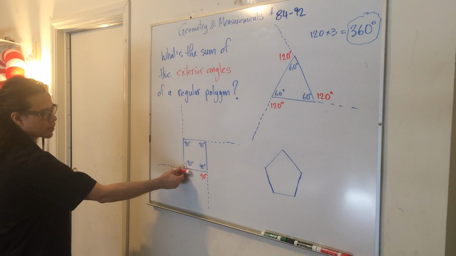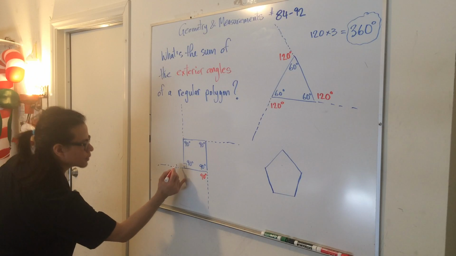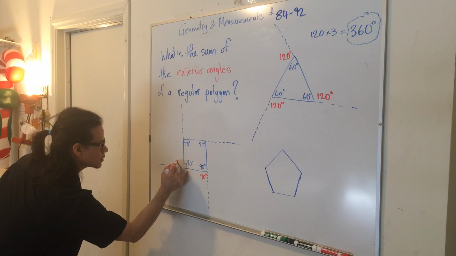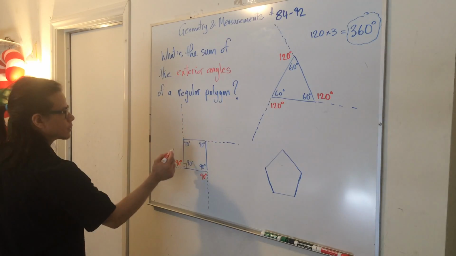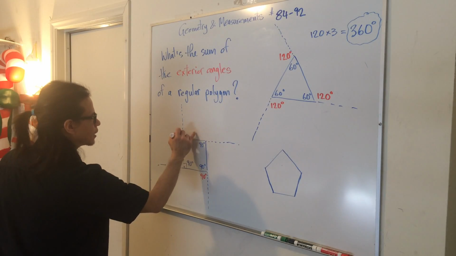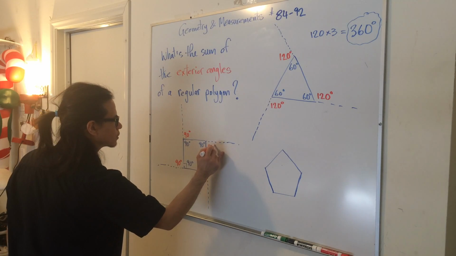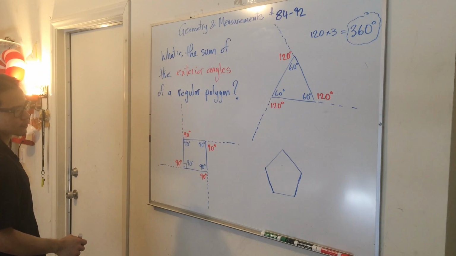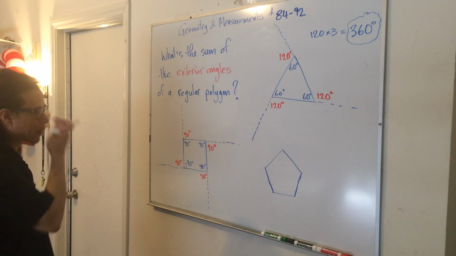So likewise, the supplement of 90 degrees is 90 degrees. So this guy and that guy would also be 90 degrees. Notice that the interior angle and the exterior angle are the same.